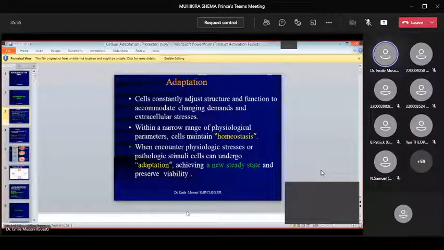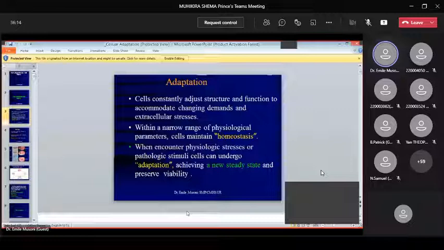So we have seen that homeostasis is the normal physiological range, normal physiology. But there is some physiological stress and pathologic stimuli, which you can see when you have malaria, when you have TB, when you have a cancer.